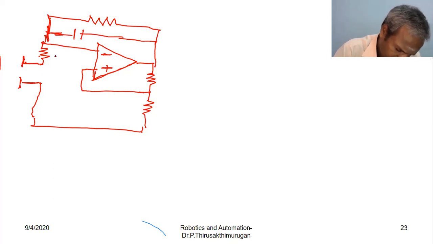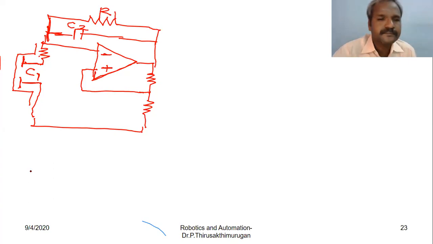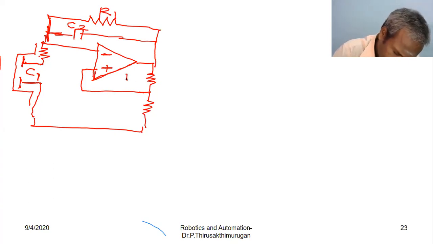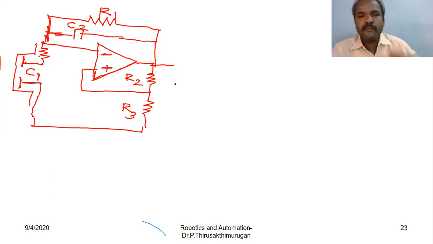So this sensor head is C1, this feedback capacitor is C2, this is R1, this is R2, and this is R3. Clear? The next stage is the same as that of your inductive proximity sensor.